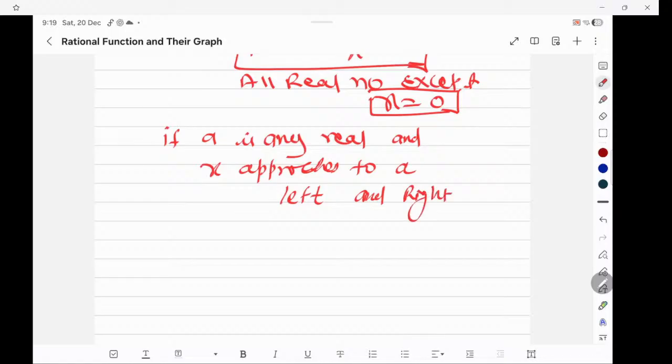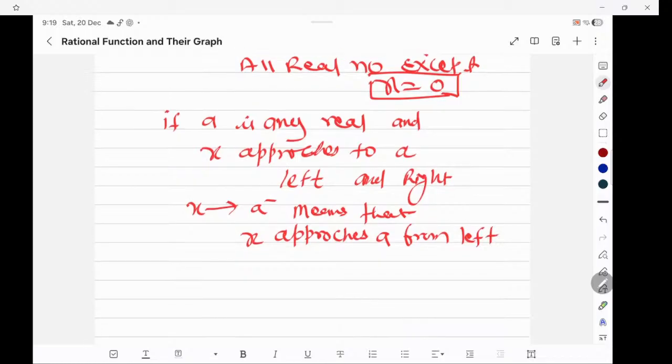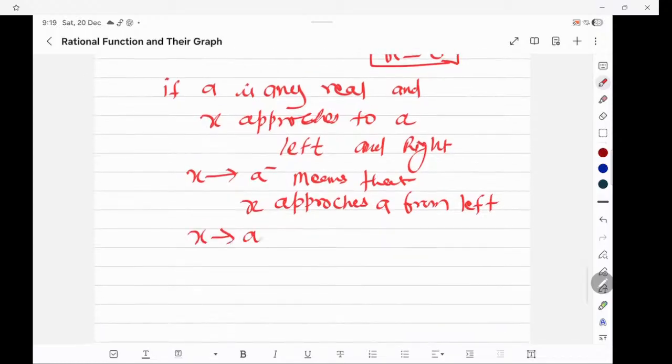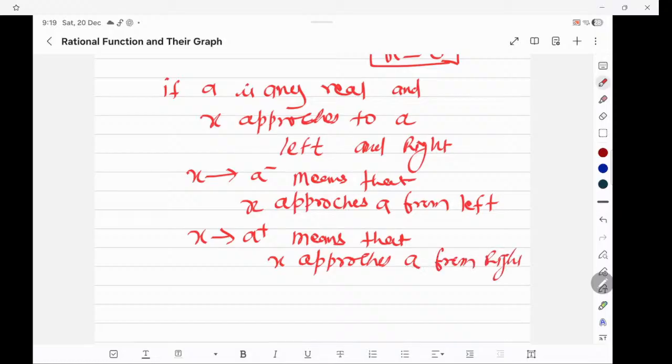If x approaches a minus, that means x approaches a from the left, and x approaches a plus means that x approaches a from the right. Got it?